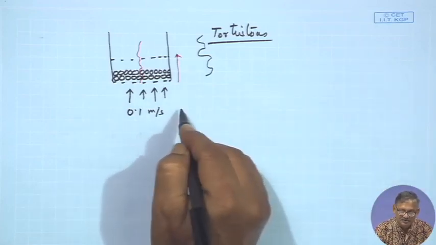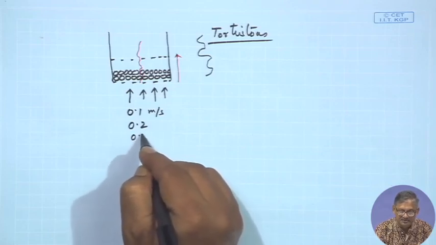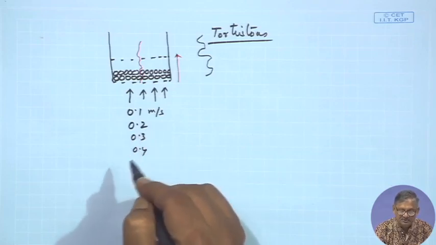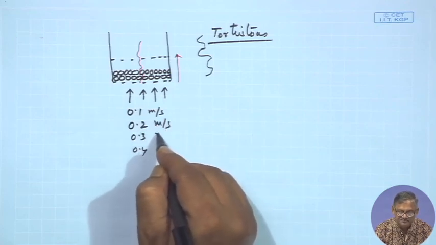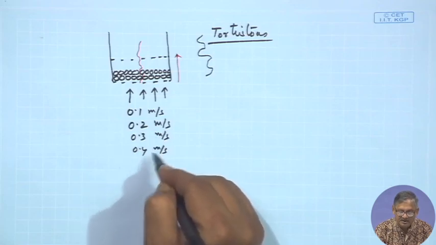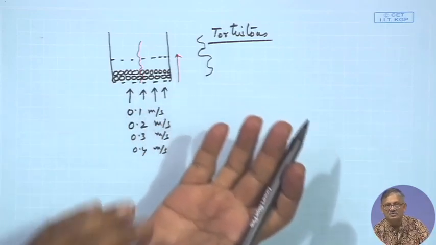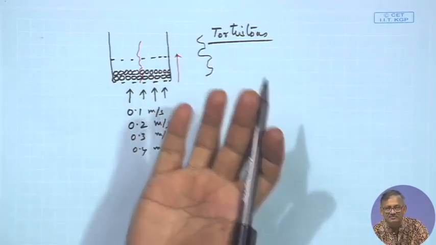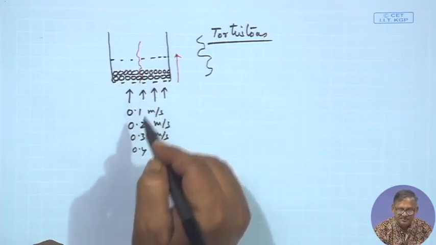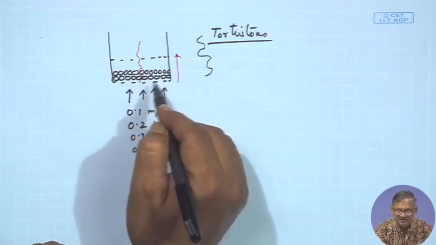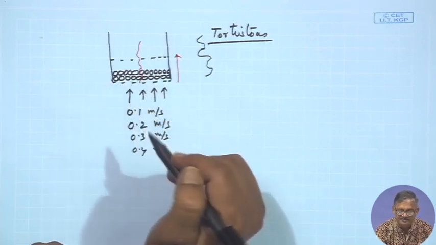Now, if we go on increasing, say from 0.1 to 0.2, then 0.3, 0.4, like that we keep increasing the velocity. So, what will happen? After some time, these particles will feel that someone is making a thrust from the bottom, and then they will start moving a little, adjusting.